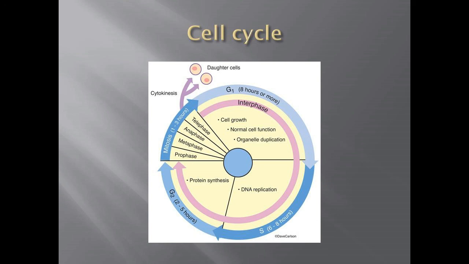In karyokinesis the nucleus of the cell will be divided, and cytokinesis is the second phase of mitotic phase, in which the cytoplasm of the cell will divide. It means mitotic phase means that the cell will divide into 2 daughter cells, meaning new cells will be produced in this phase.